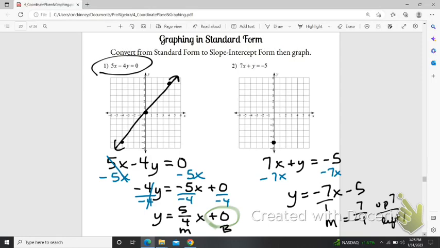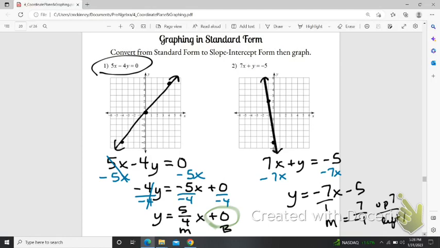So from the -5, up 7 and left 1. Now I can't do that again because I don't have space. I would just have to go with those 2 points. So now I'm going to connect those 2 points. Hopefully, decently. It's going to be a pretty steep line, right? Notice my slope was a negative and my line is going down from left to right.